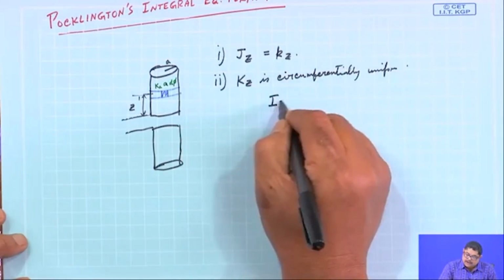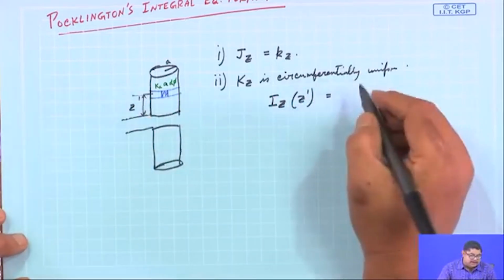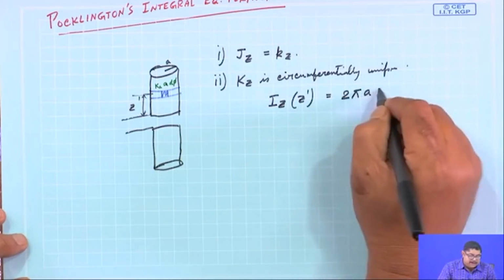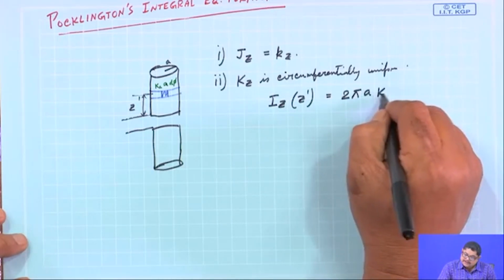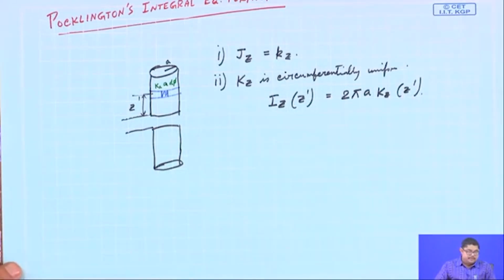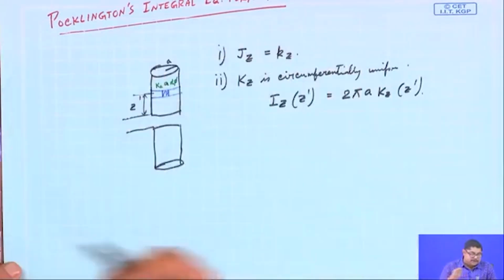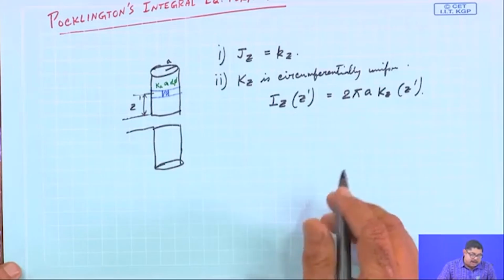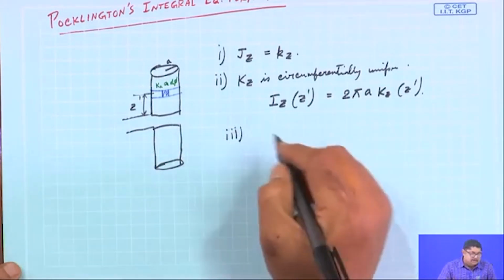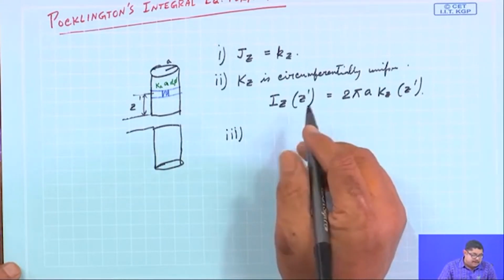So, we can write that I z at a point z dash will be 2 pi a K z z dash. So, here it says that it is uniform circumferentially, and the third thing is important. It is a refinement from Hallen's.